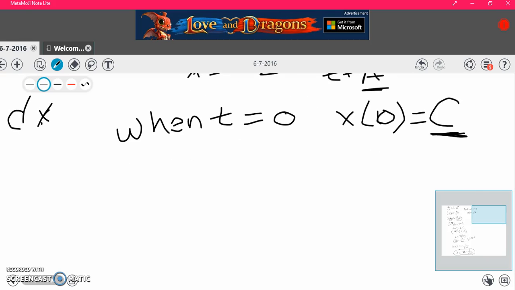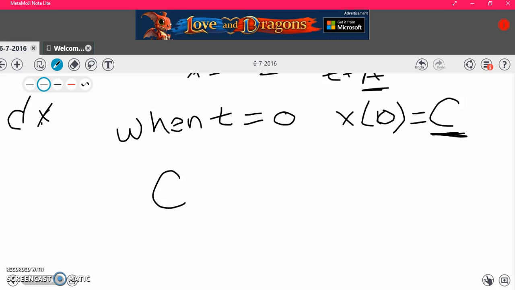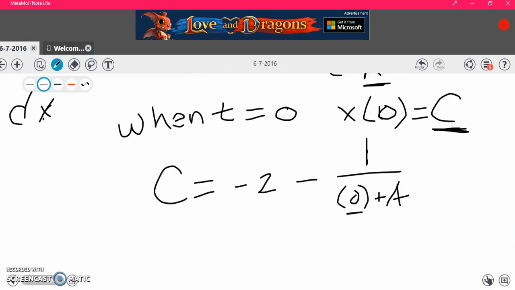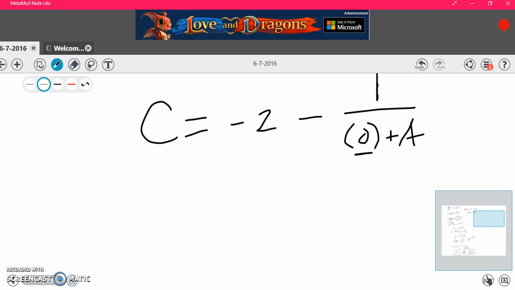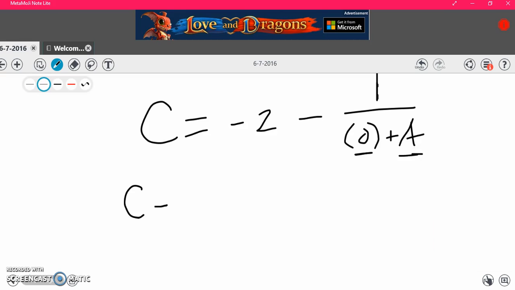So we say c equals -2 minus 1 over 0 plus a, that's our t. Okay? So now we're trying to find our constant a: c plus 2 equals -1 over a.